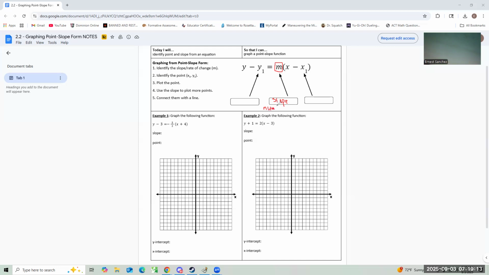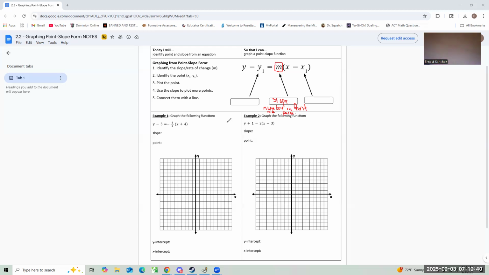number in front of parentheses. I'm just going to put P-A-R-E-N in front of your parentheses, okay?